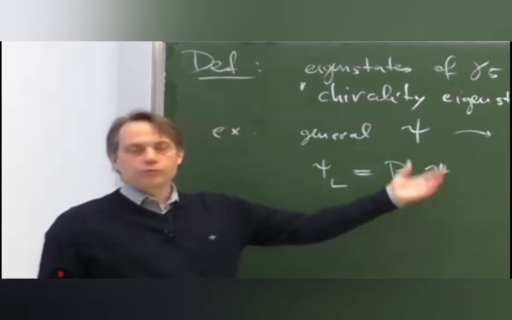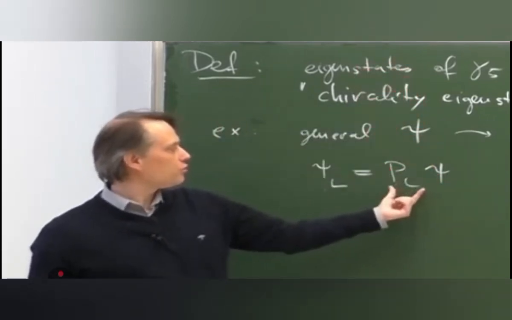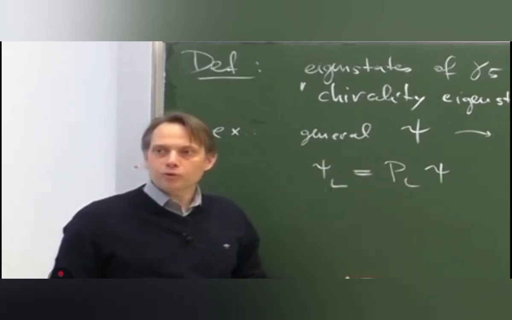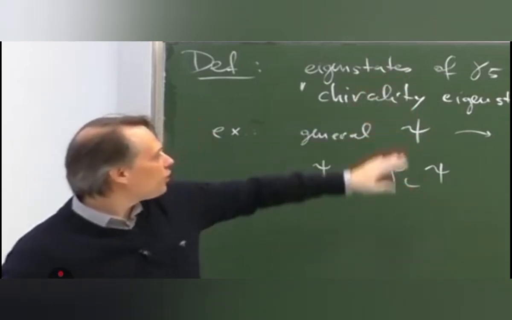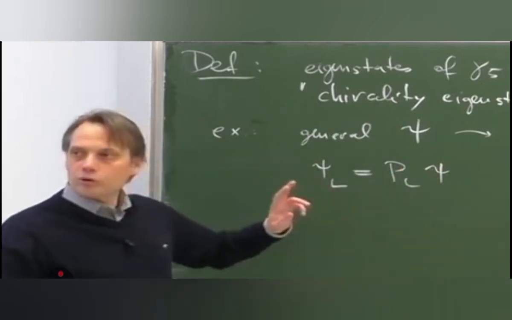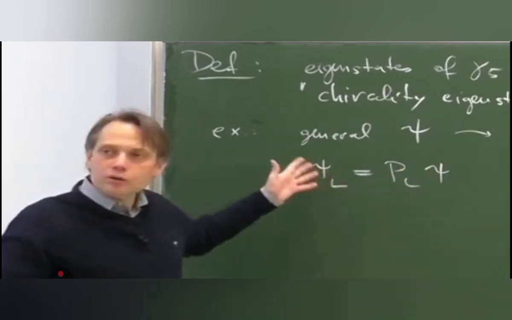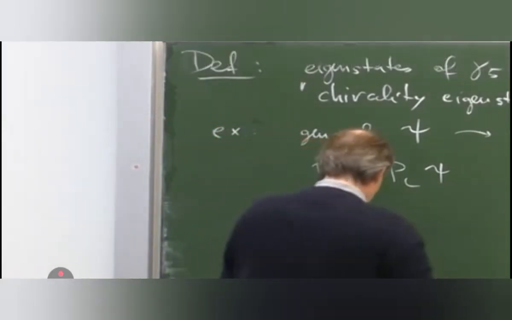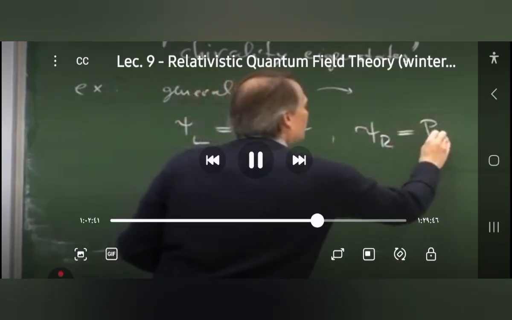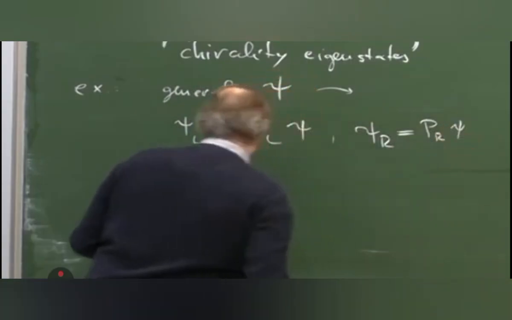In Weyl representation, it are just the first two components, and we annihilate the other two components. But in a representation independent way, you can always do this projection. And then you have something called psi left or left-handed spinor. Similarly, of course, psi right is equal to P right times psi.